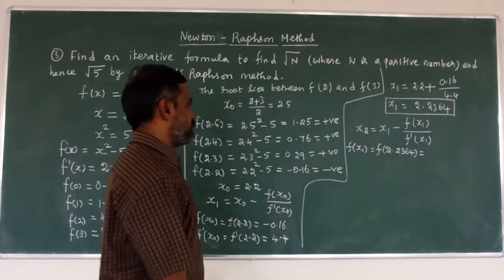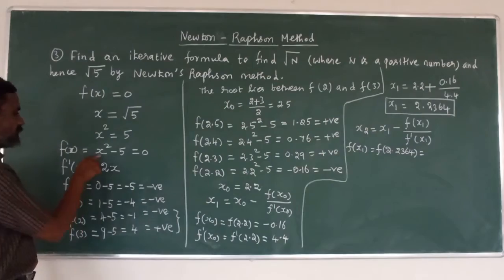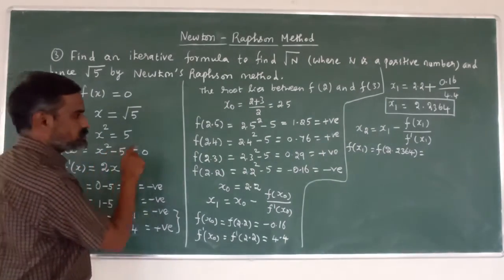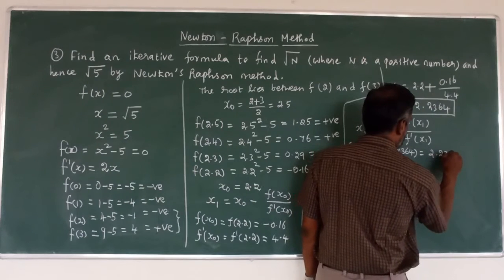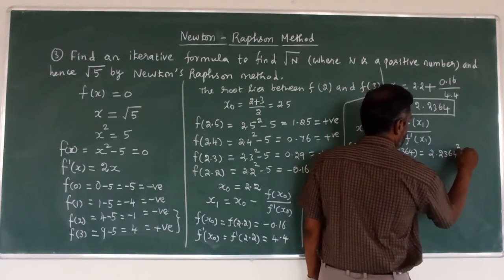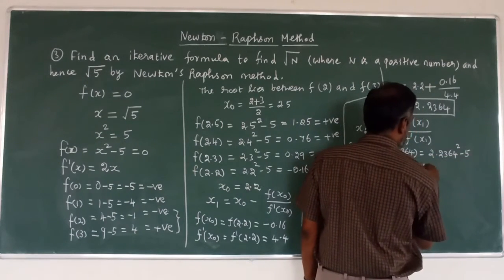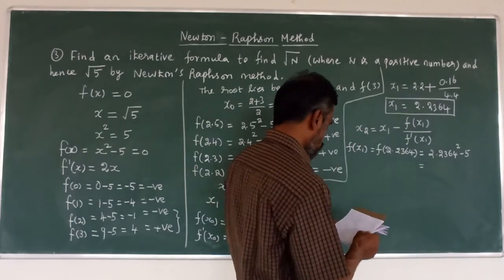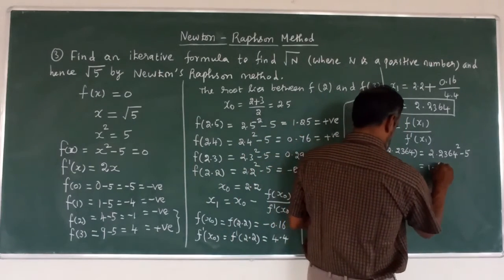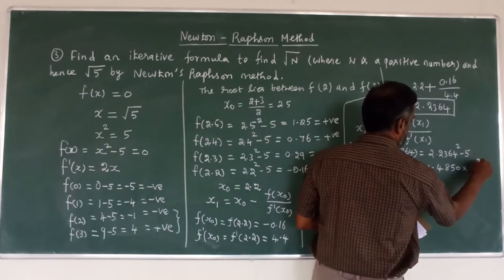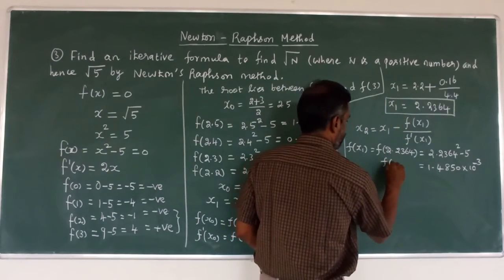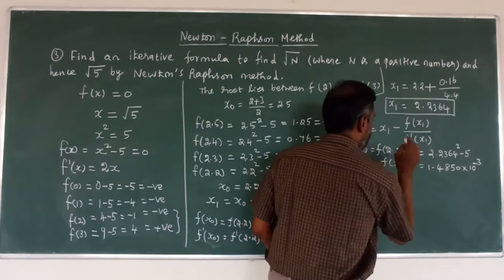F of x is x square minus 5. You have to substitute the 2.2364 value: 2.2364 square minus 5. That result is 1.4850 into 10 to the power of minus 3. This is for f of x1 value.